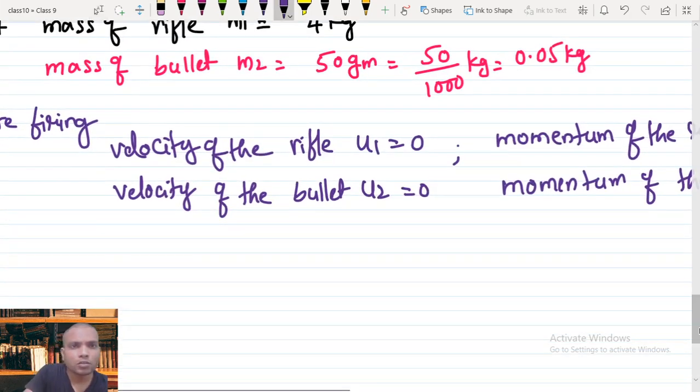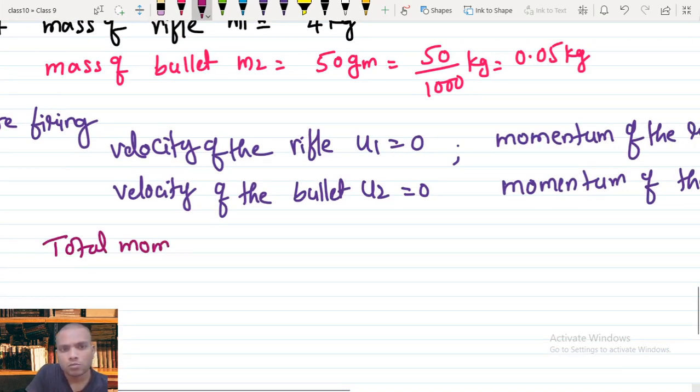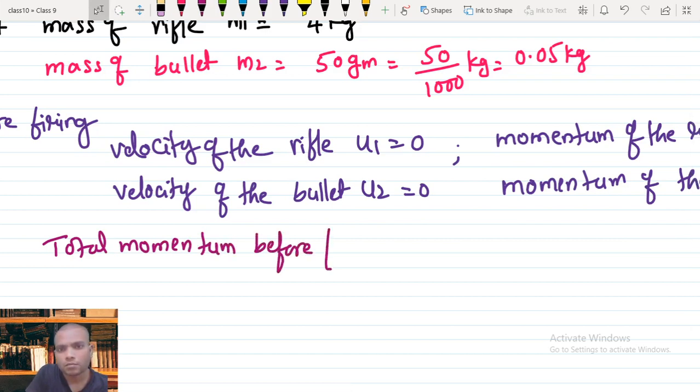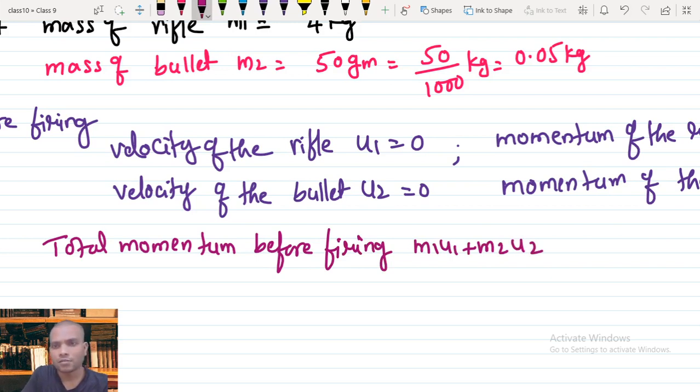Now we can write that the total momentum before firing equals m1 u1 plus m2 u2. Now you can substitute the values here, which is 0 plus 0, so the total momentum goes to 0. Let me take this as equation 1, I can use it later. So total momentum before firing, how much is it? Equal to 0.